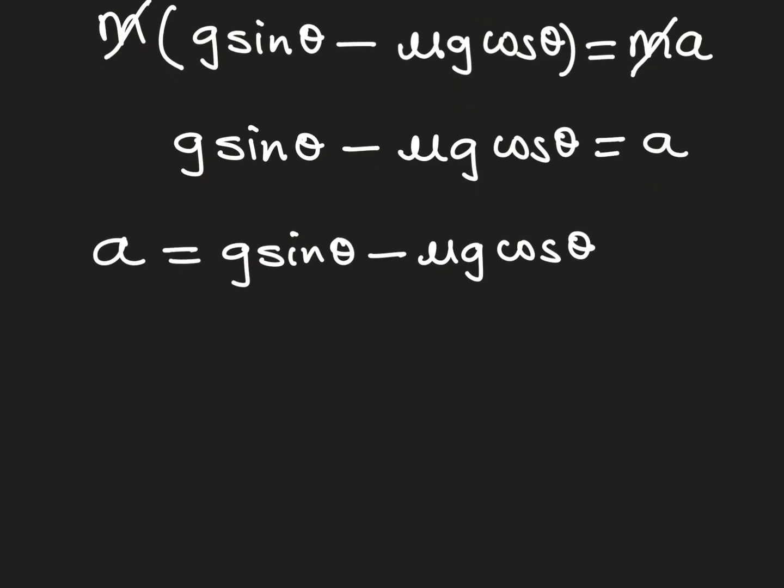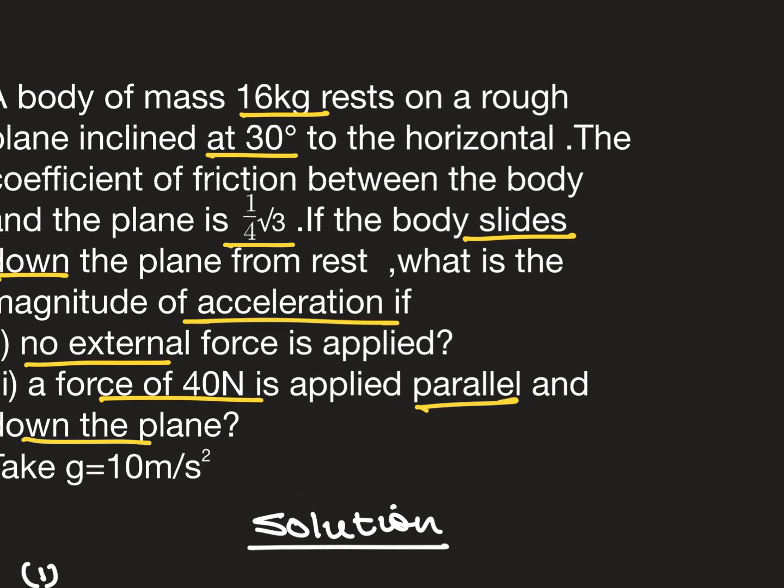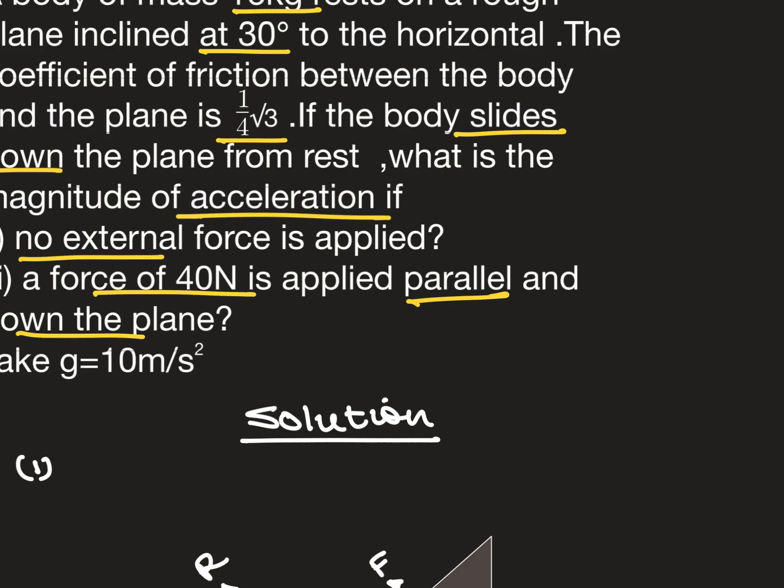By substituting the values, gravity is 10, times sine of the angle, 30, minus the coefficient of friction given in the question, 1 over 4√3. That is the same as √3 over 4, because 1 times √3 is √3.